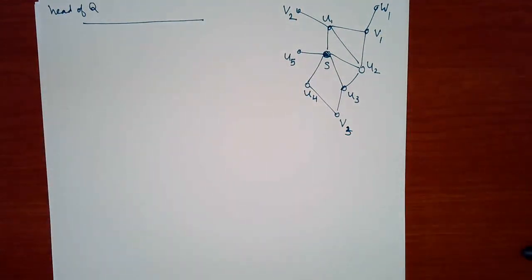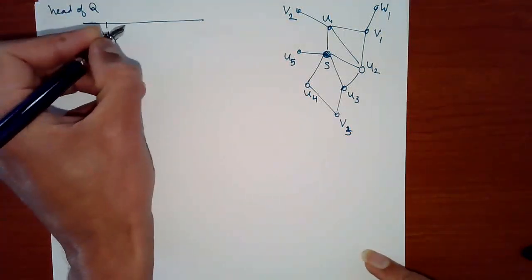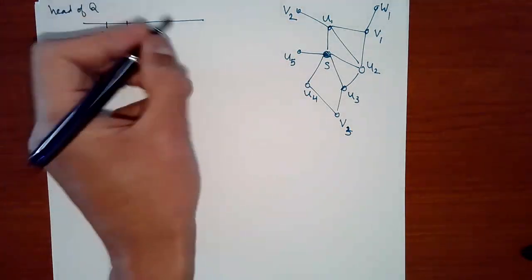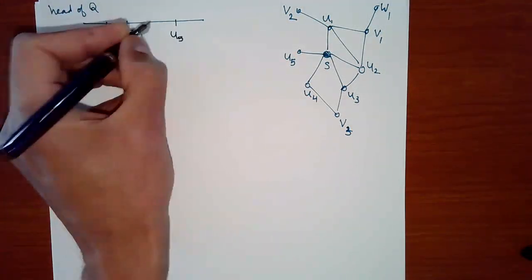What vertices are going to be inside the queue? U1, U2, U3, U4, U5, in any order. U1, U2, up to U5.